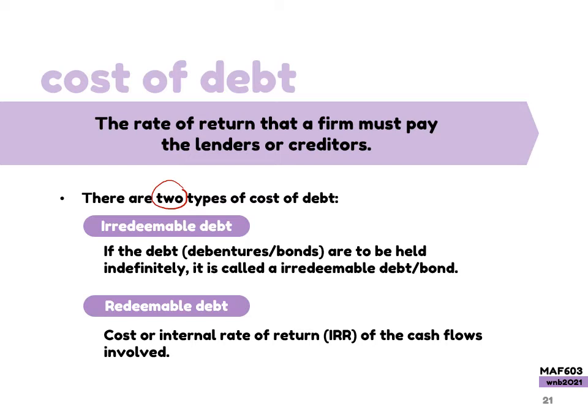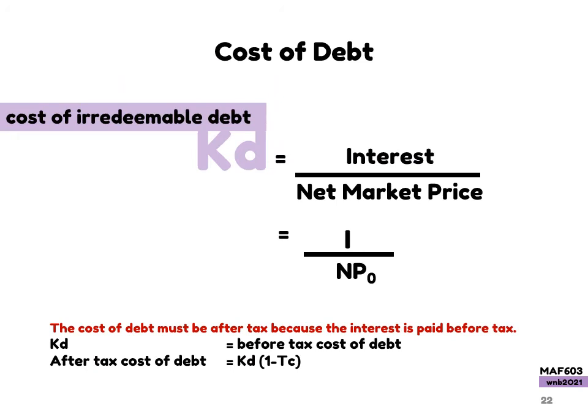On the other hand, if the debt is having a specific time, ada masa yang fix untuk dia kena bayar balik, we call it redeemable debt. And for redeemable debt, it will involve the internal rate of return. We need to find the IRR kalau debt tu adalah redeemable.